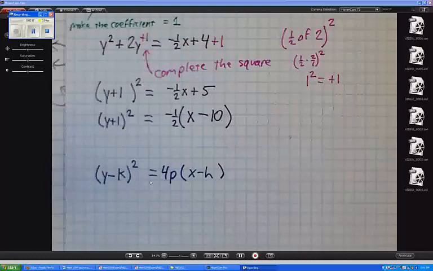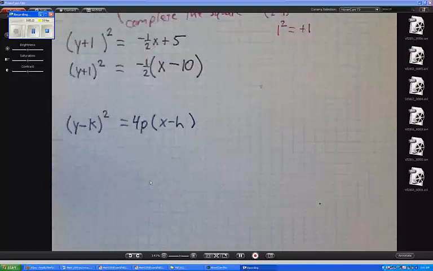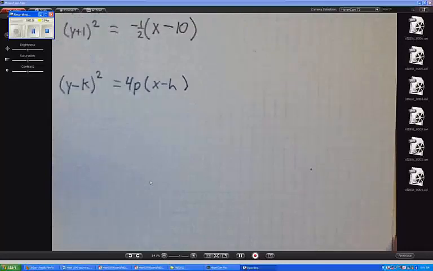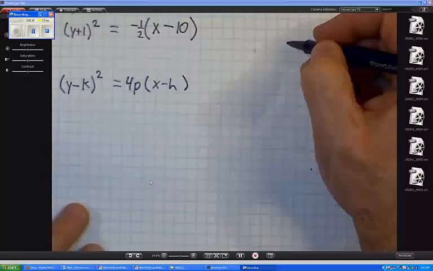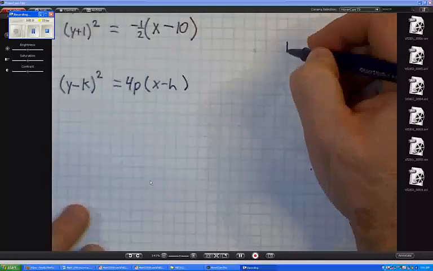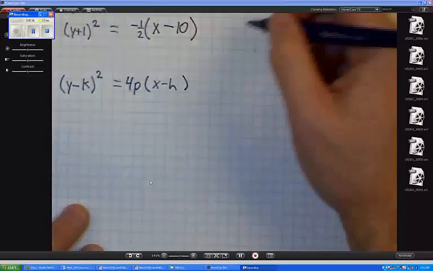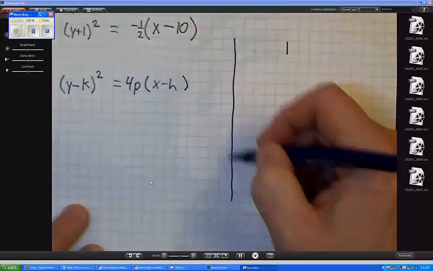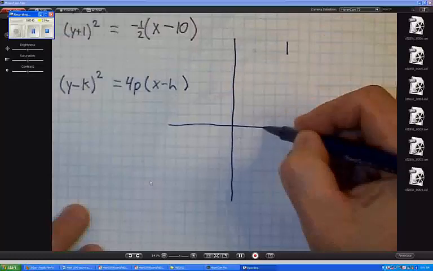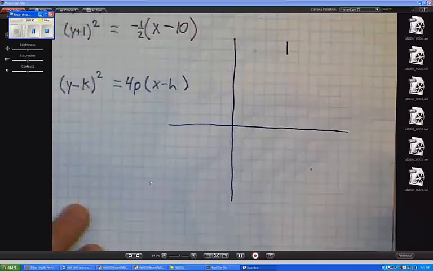Now let's see. What would I want to do first? Well, if I'm going to plot the graph, I'll get some graph paper out here, and I want to sketch a picture. I'll put it right here because I don't know where this thing's going to go yet. I guess what I want to do is plot the vertex, right? So what is the vertex?